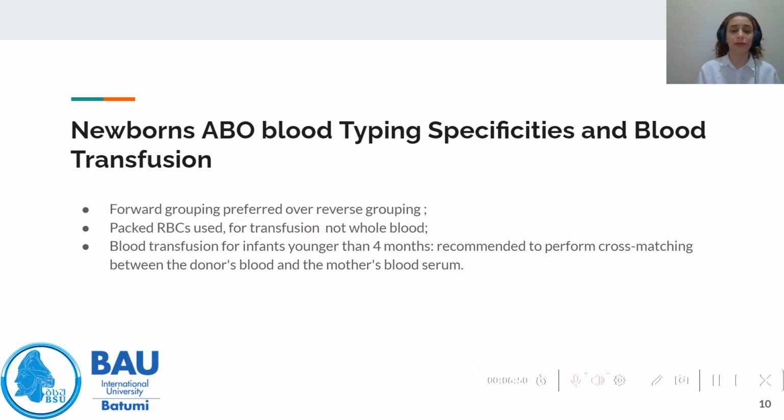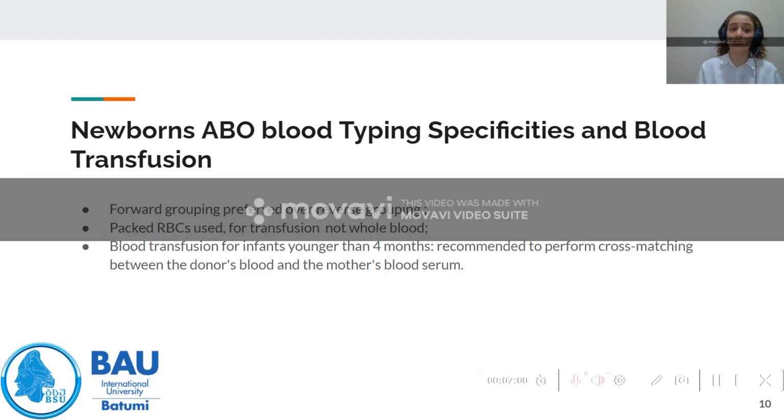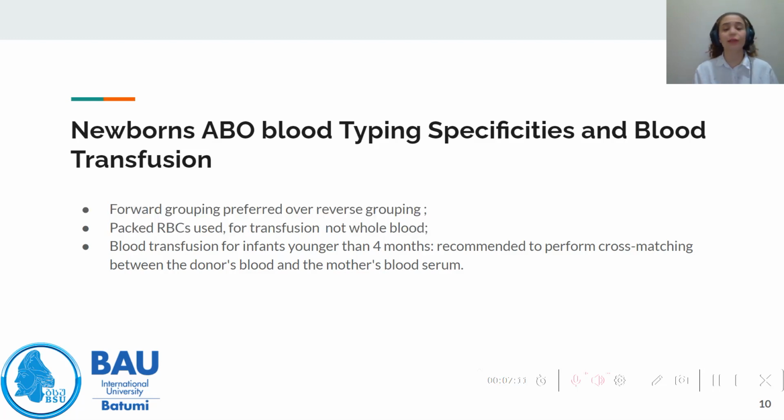As I have discussed before, there are antibodies coming from the maternal circulation, which can cause false grouping. That's why in newborns we always go for forward grouping, and for the same reason we use packed red blood cells rather than whole blood during blood transfusion.